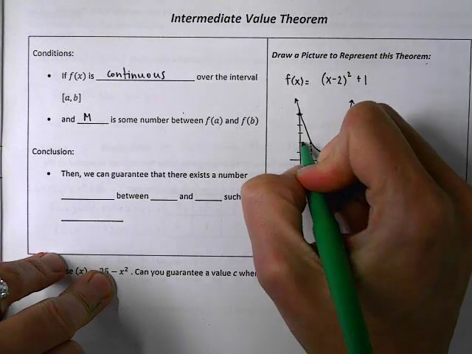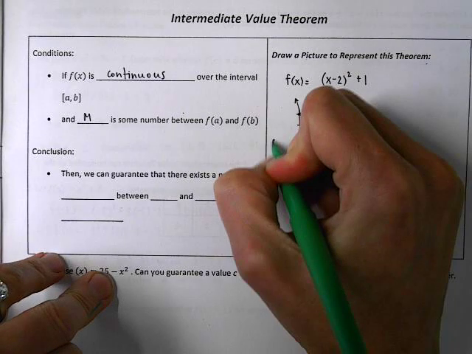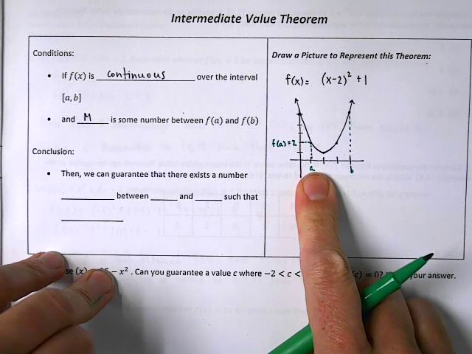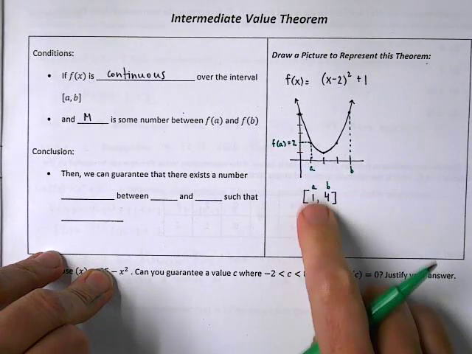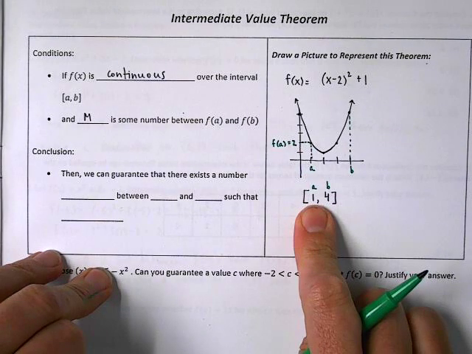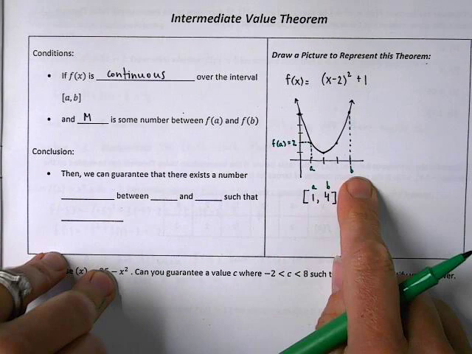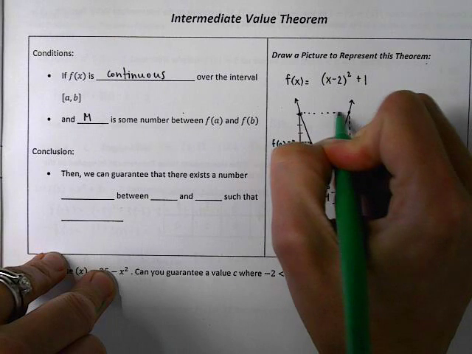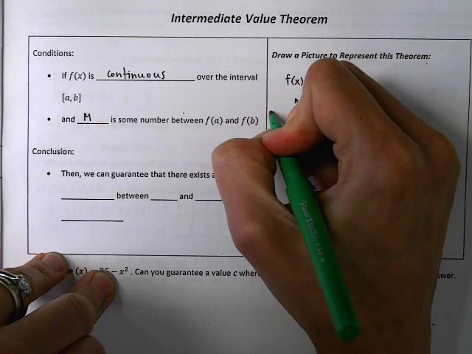I know that f of a is equal to 2. That's the function value when x is 1. In this case, our b is when x is 4. Our function value there is 5.